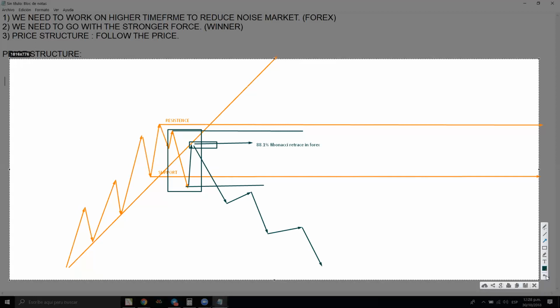So the most important thing here is to try to detect this momentum to make a decision, because the momentum is going to give you a signal that the market, that all this has been broken, and suddenly it could change its direction.